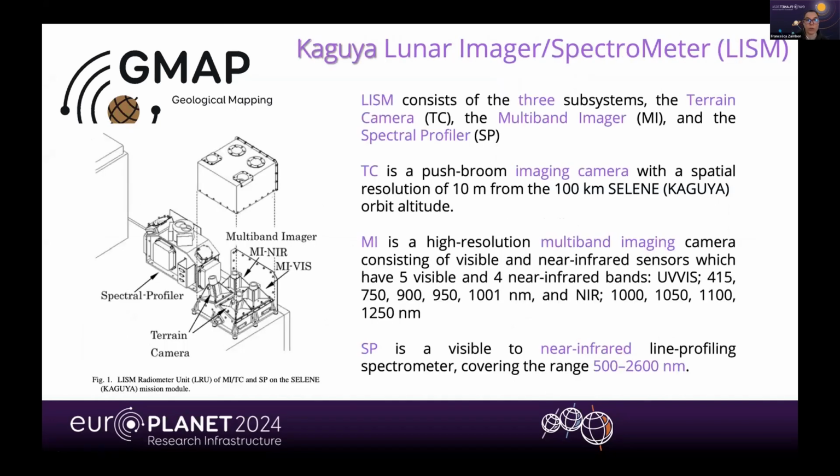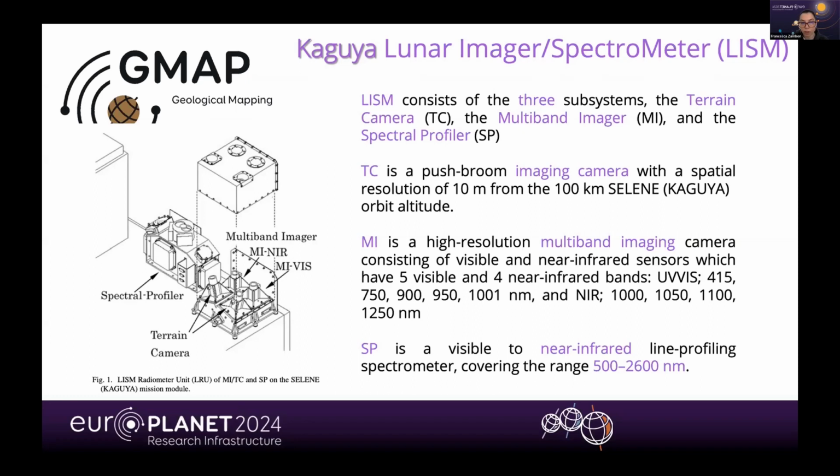Now we also have other data. So this is from Kaguya mission, and this mission includes an instrument, the LISM instrument, which was composed of 3 subsystems: the terrain camera, the multiband imager, and the spectral profiler.